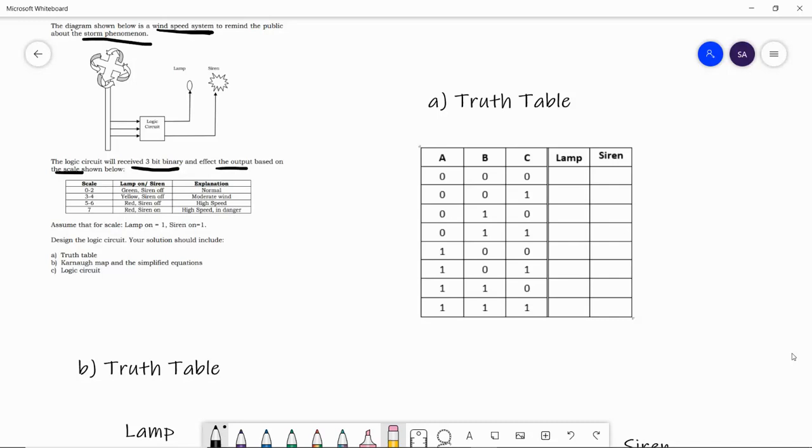So we assume that when the lamp is on it equals 1, and the lamp off will be equal to 0. For the siren, on will be 1 and the siren off will be 0.